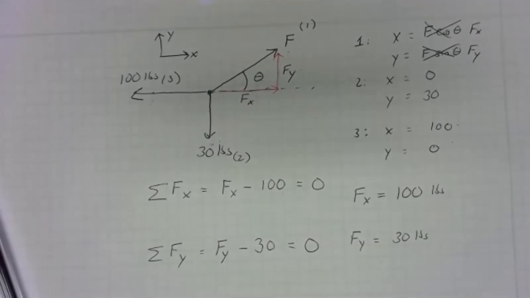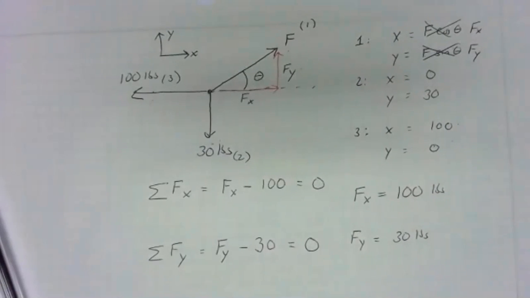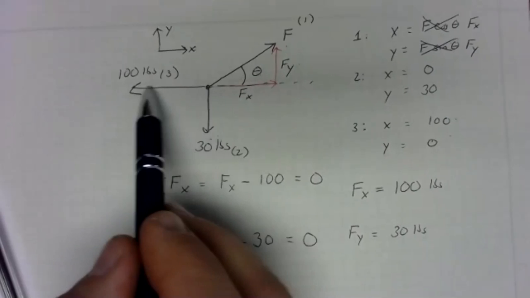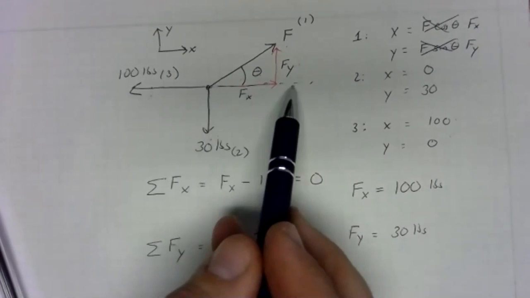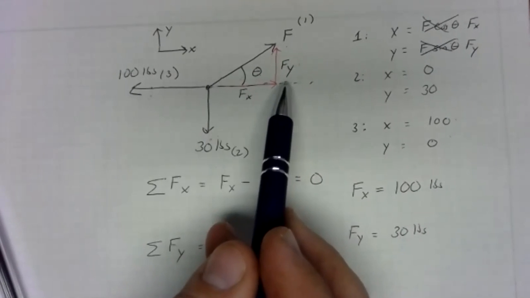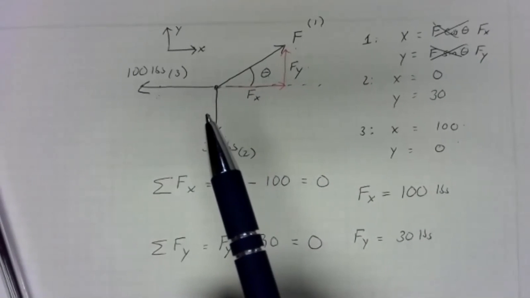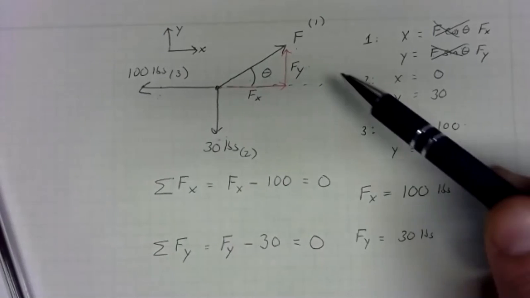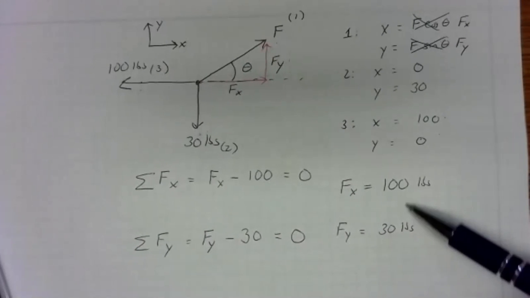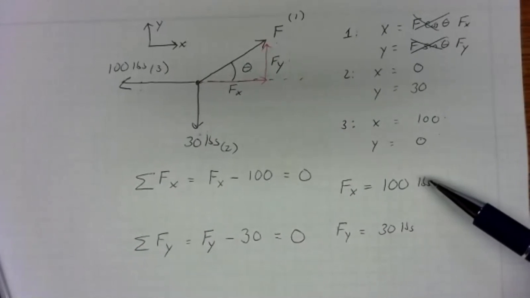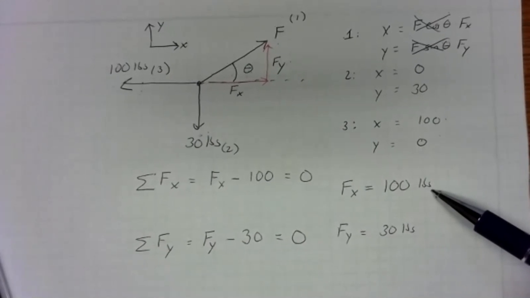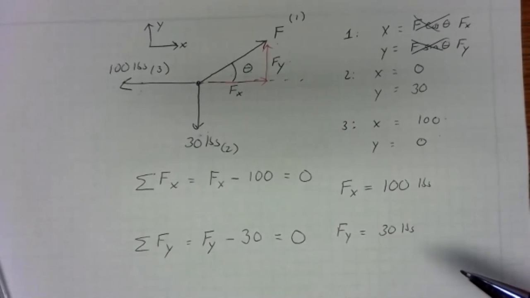That makes sense physically if you look at the free body diagram. Remember that being in equilibrium is all about the forces canceling out. Since we have 100 pounds to the left, something's got to pull to the right with 100 pounds. We've got 30 pounds down, so something's got to pull up with 30 pounds. And since we only have one unknown force, that's got to be it. It must pull to the right with 100 pounds of force and pull up with 30 pounds of force.